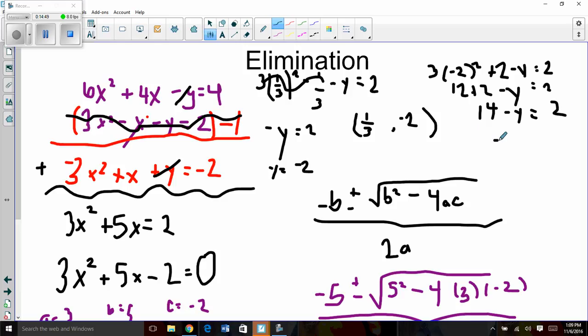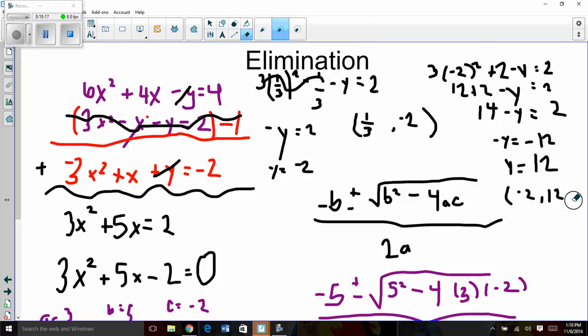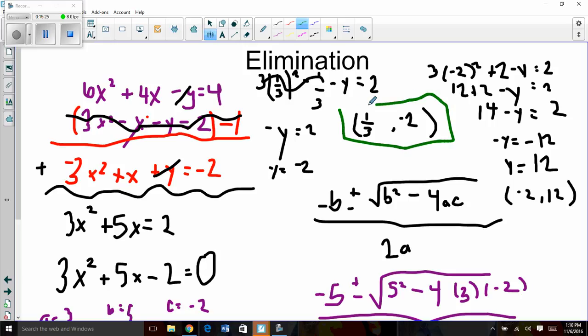Subtract the 14 over, you get negative 12. Switch the signs here, y equals 12. So we have another solution of negative 2 for x, and then 12. Oops, let me look back on that. So those are our two solutions, and I'll put this in green since we've got a lot going on. There's one, there's the other.